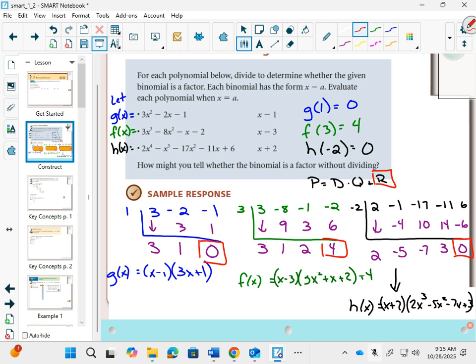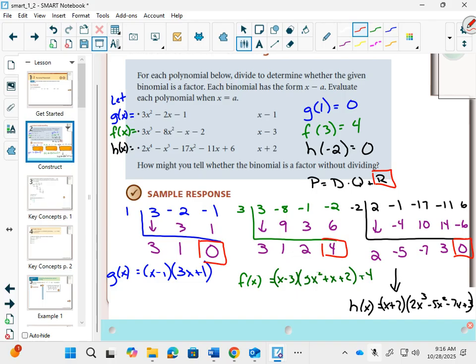And if my remainder is 0, do you see that the first one is perfectly factored? The last one has started to be factored. The middle one can't be factored this way because there is a remainder.